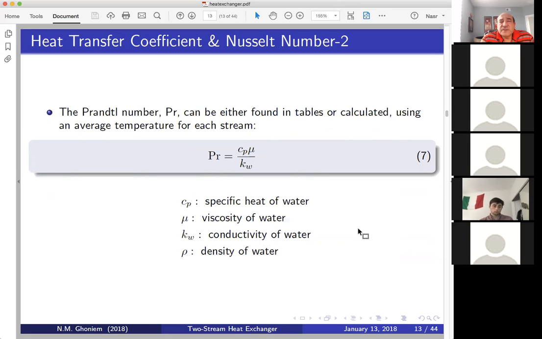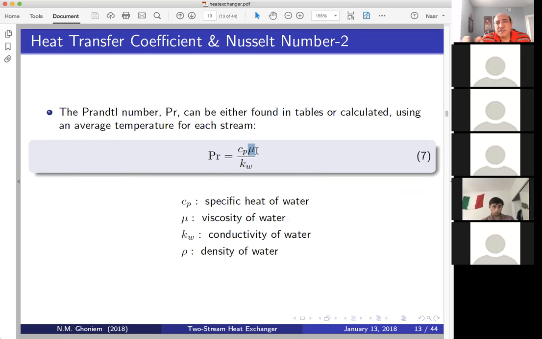But we found that in the Nusselt number, we need also to calculate the Prandtl number, which is a property of the water. And the Prandtl number is defined as Cp mu over K water. This is the conductivity of water, thermal conductivity. And the physical meaning of Prandtl is that mu is like a viscosity. So it's like a viscous diffusion of the particles of the water.